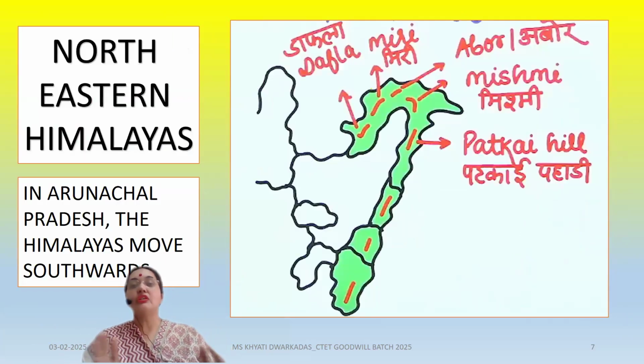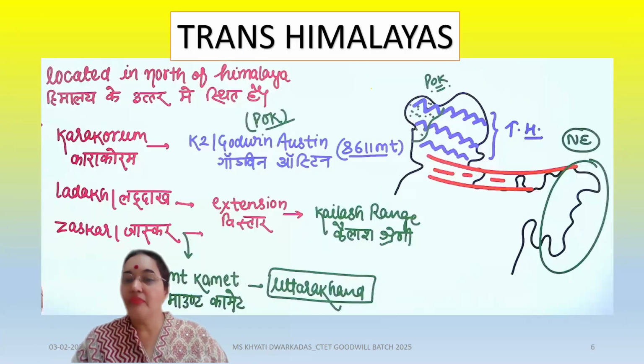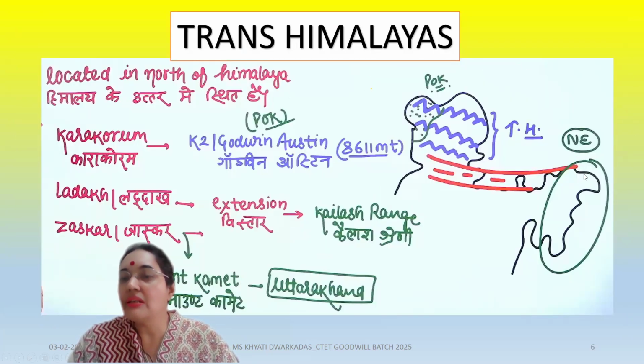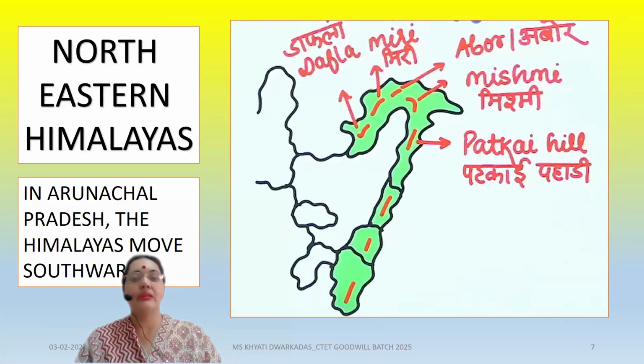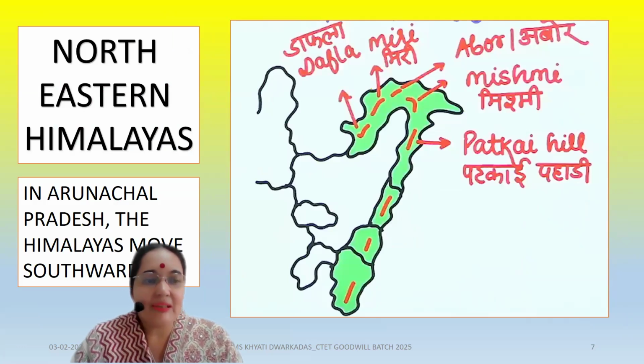Now we move to the northeastern Himalayas. Over here, you can see in Arunachal Pradesh and the northeastern states, the Himalayas take a turn down. So these are called the northeastern Himalayas.